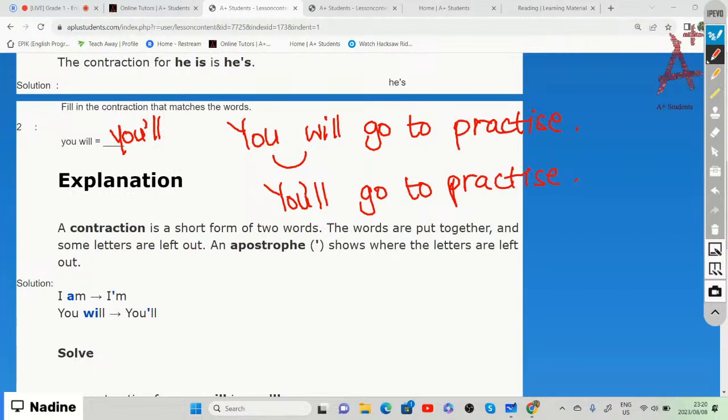So you'll is a shortened form of you will. You, apostrophe, double L. It stands for you will.